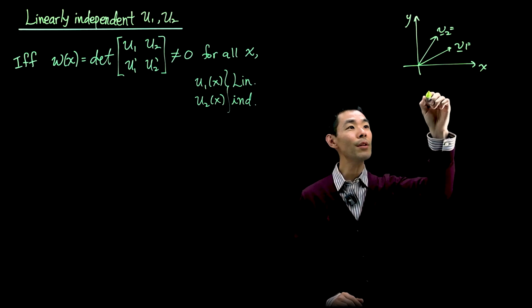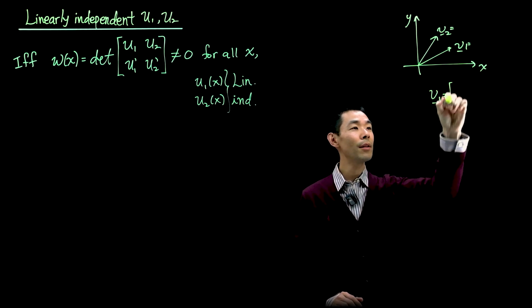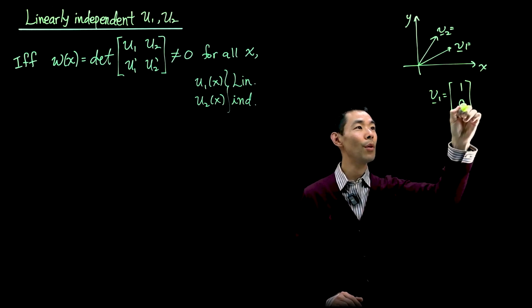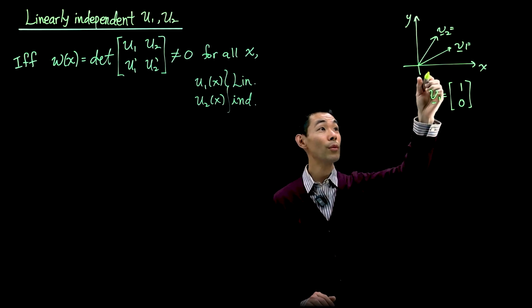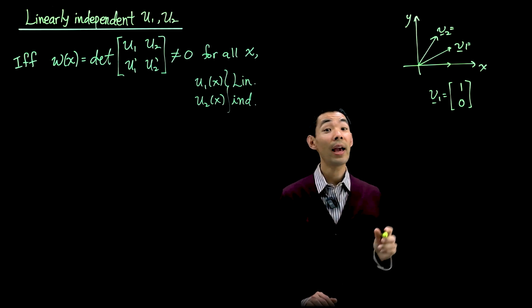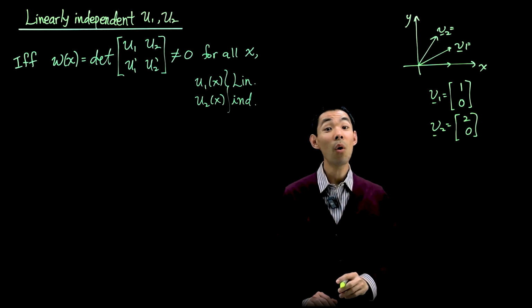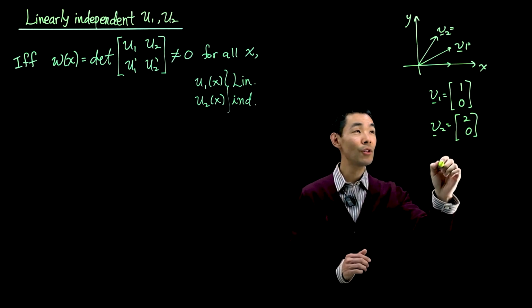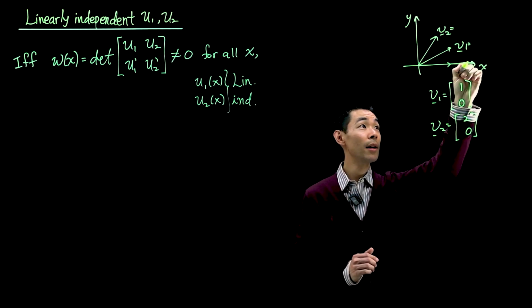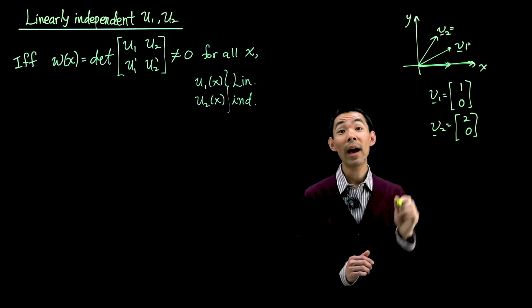But if you were to have a v1 vector be equal to, for example, (1, 0), which would just be a vector that lies along the x-axis, and your v2 just be twice that of v1, then these two vectors would both just lie along your x-axis.